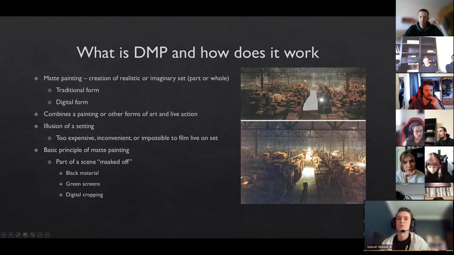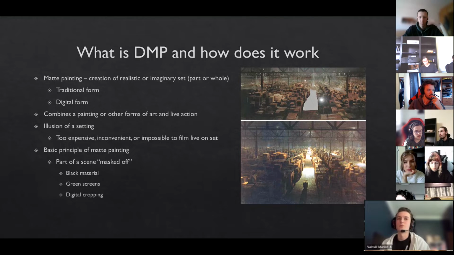It's for numerous reasons, but for example, if the shooting on the set is too expensive or it's too inconvenient for the production, well, for example, the space does not fit the whole crew, or it's too expensive or too inconvenient to travel, I don't know, 200 miles or 2000 miles to the place where they need to shoot the set.